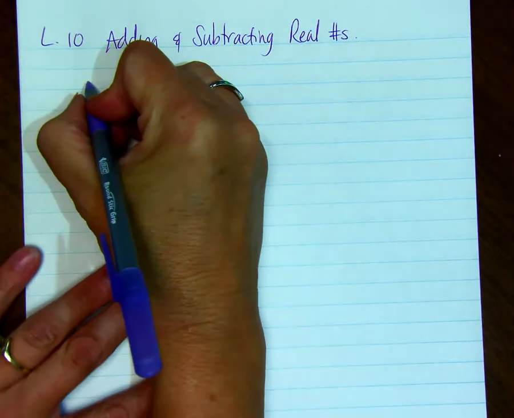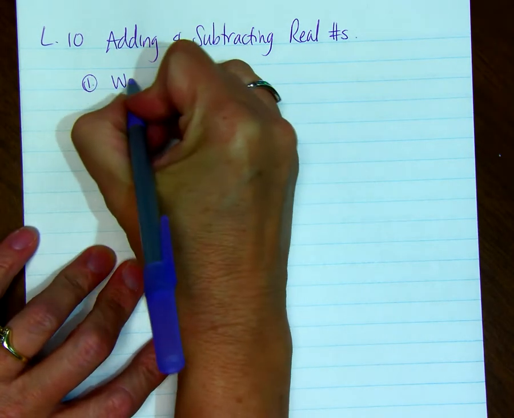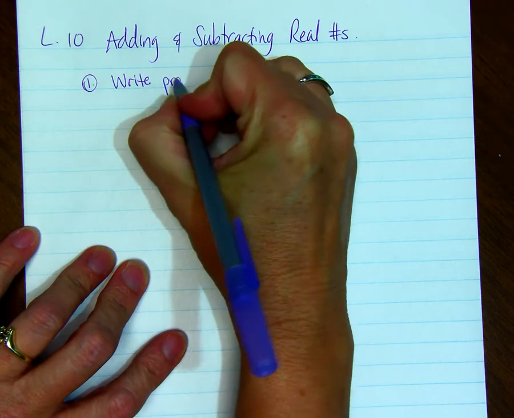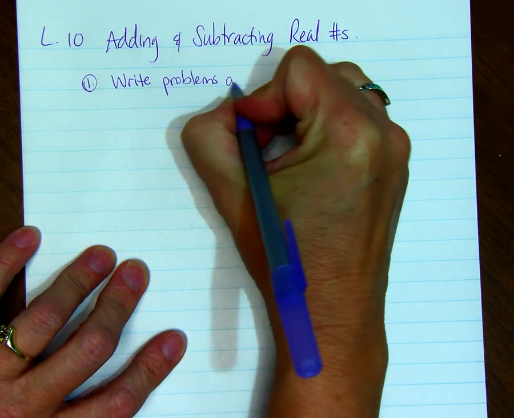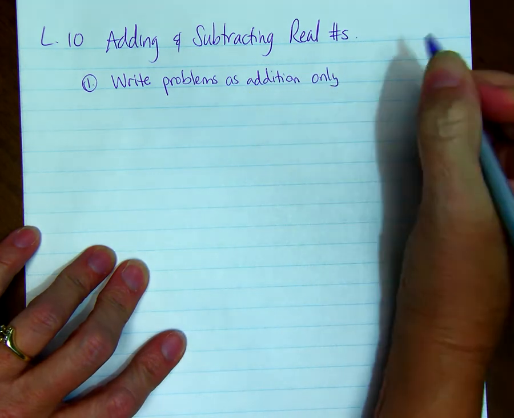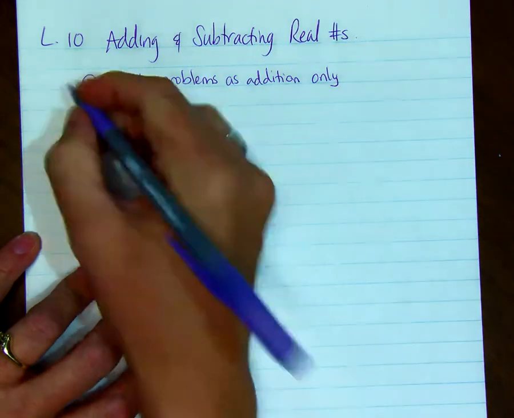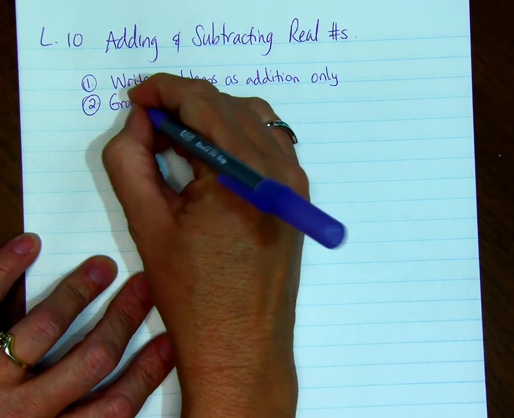So one step we can do is write the problems as addition only. Then you can group and add the terms with the like signs.